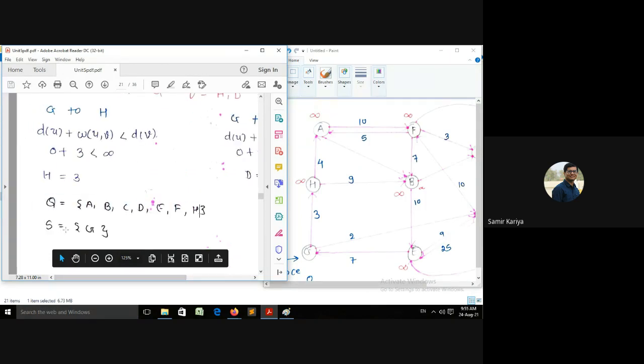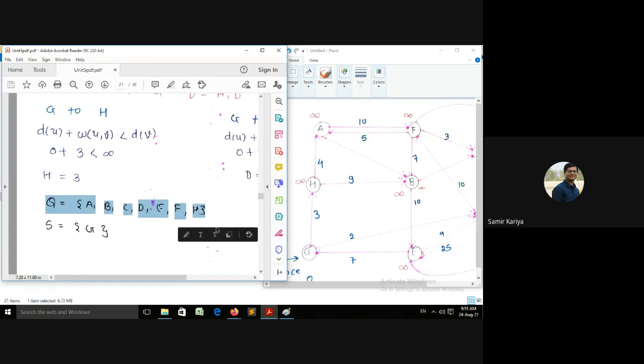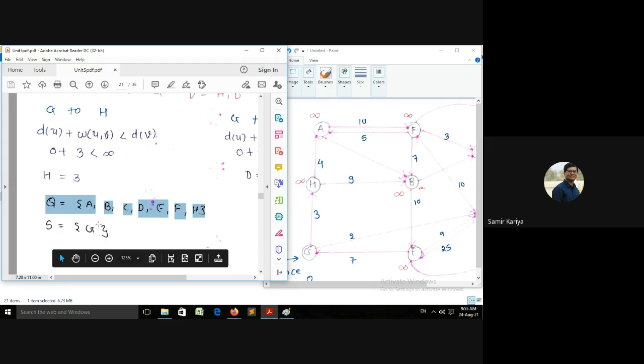So in S, that's our answer, only G, and the remaining nodes are these. Now, out of the nodes in the queue, A, B, C, D, E, F, and H, just select the minimum distance.